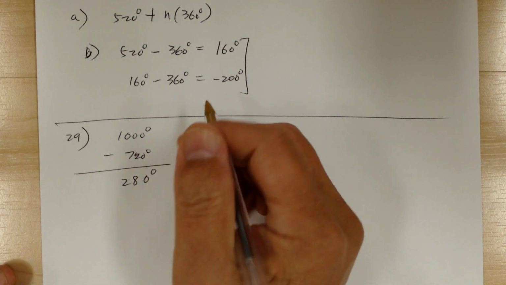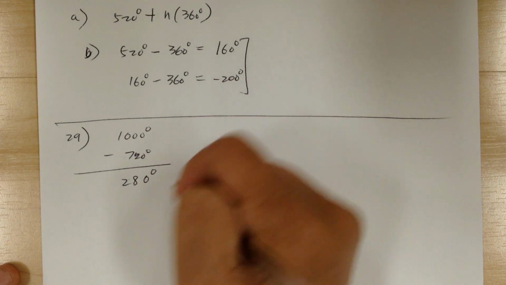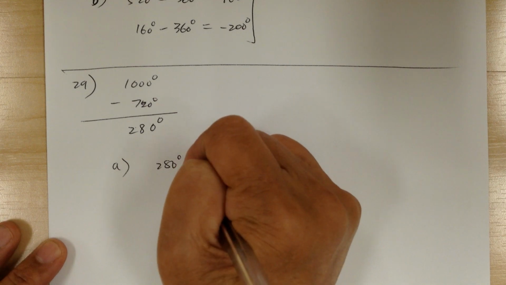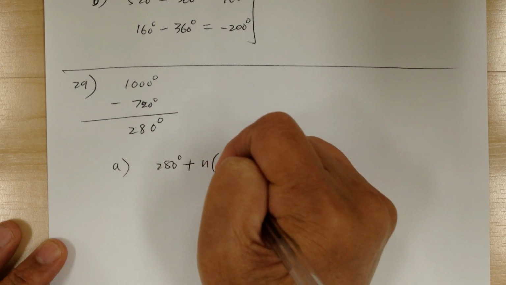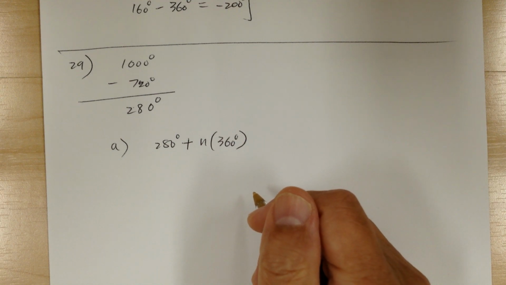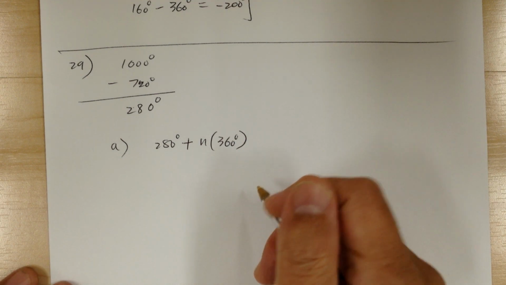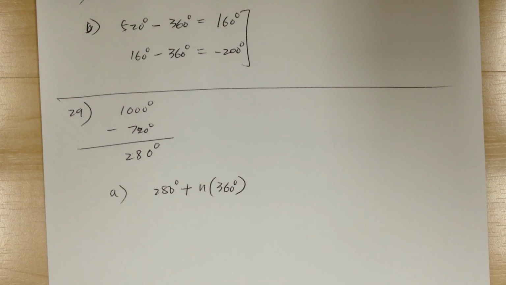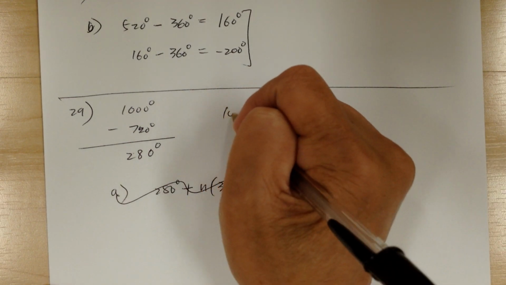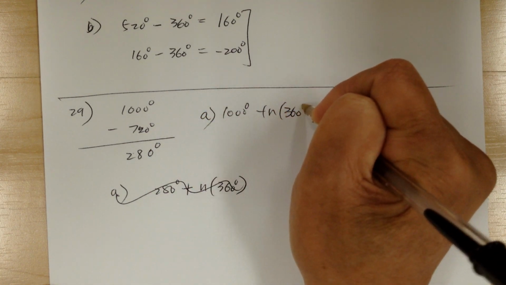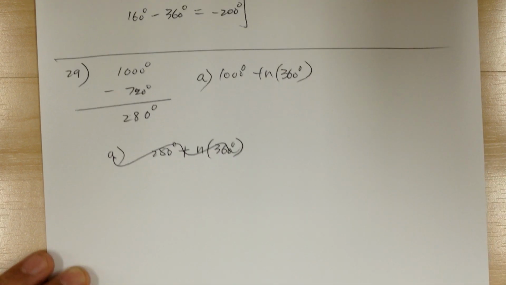So my formula would be 280 degrees plus n times 360 degrees. Okay? Well, actually, no, I take that back. You can just use 1,000 degrees plus n times 360 degrees. So that would be the formula.